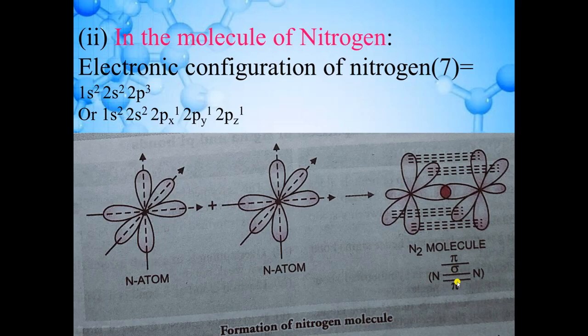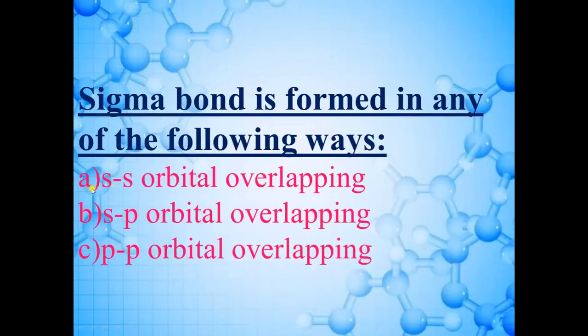So there is a triple bond between the nitrogen atoms, formed by one sigma bond and two pi bonds. From here we can say that in a single bond there is always overlapping of s-s orbitals, s-p orbitals and p-p orbitals, and a pi bond always forms in the presence of a sigma bond.